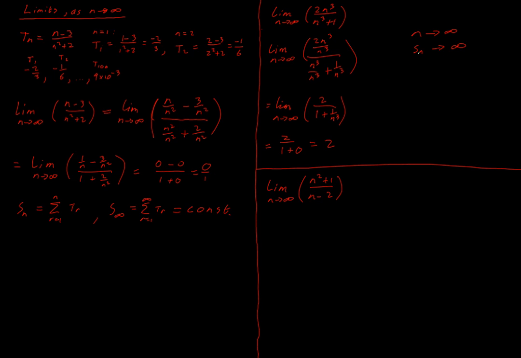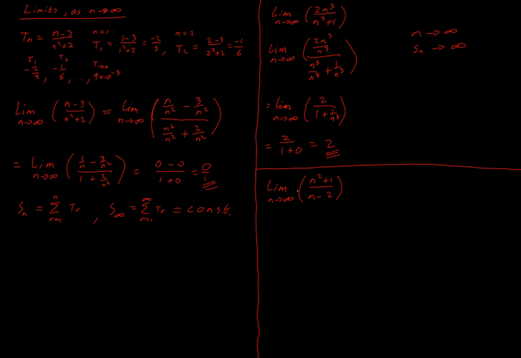But Tn, as n tends towards infinity, ends up just converging, we say, to 2, in the same way as this converged to 0.